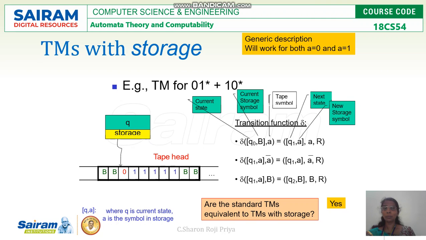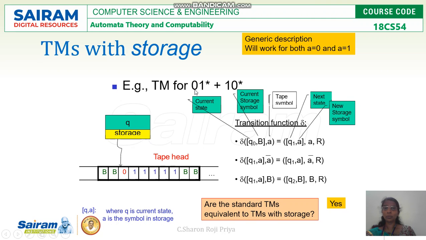It should remember the first character of its input string, and check that this first character is not present in the remaining input string. That is, if my first symbol is 0, this 0 should not appear in the rest of the input string. Or if my first symbol is 1, this 1 should not be present in the rest of the input string. That's what I have written here.